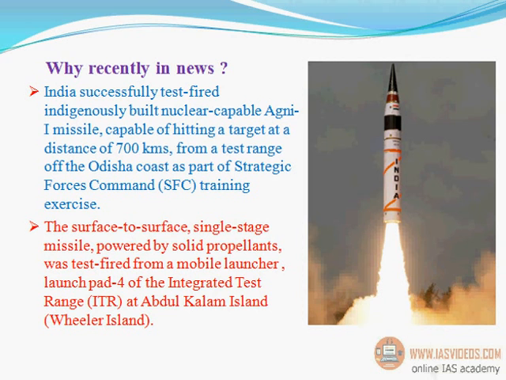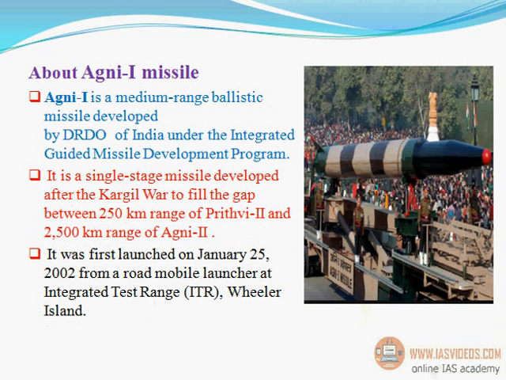The surface-to-surface, single-stage missile, powered by solid propellants, was test-fired from a mobile launcher, Launch Pad 4 of the Integrated Test Range (ITR), at Abdul Kalam Island, Wheeler Island. About Agni-1 missile.